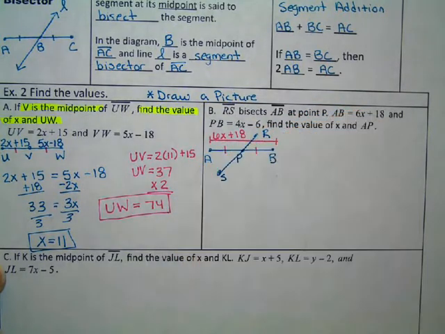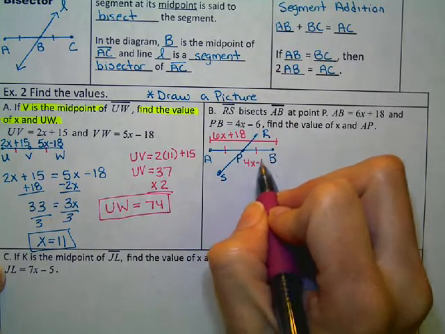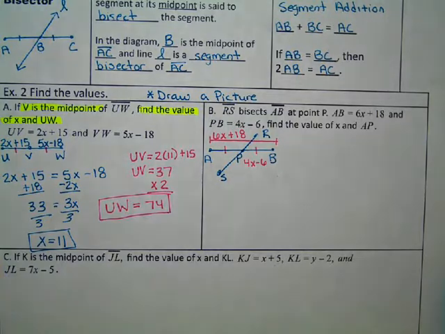It tells us PB from here to here is 4x minus 6. Now in this one, they gave us the whole length and only one of the parts.